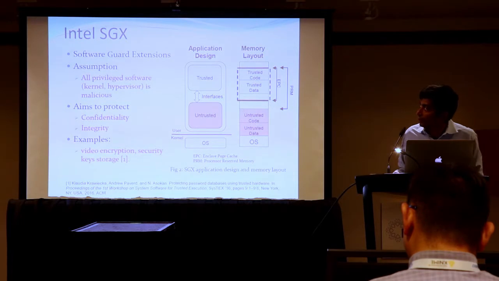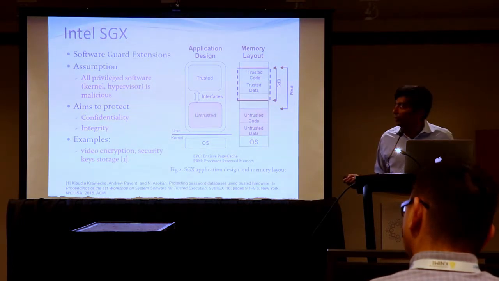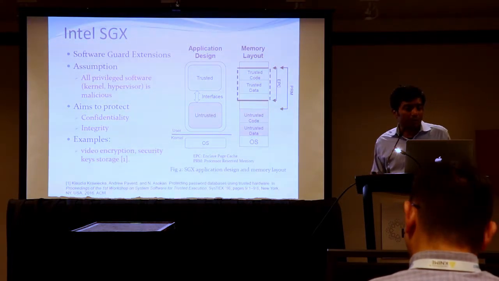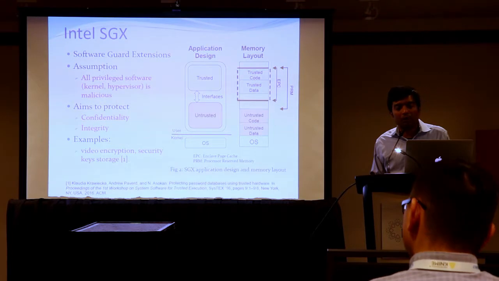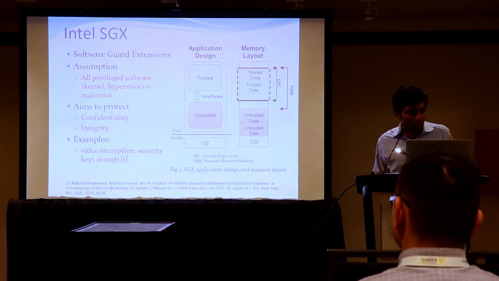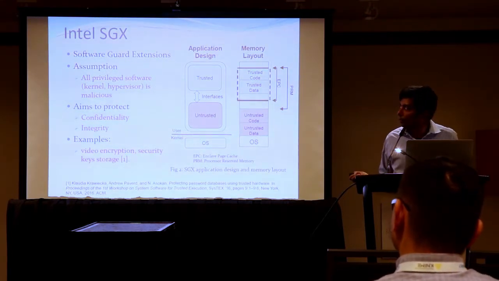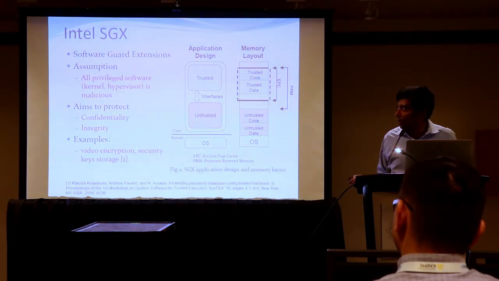In the case of Intel SGX, the assumption is that all privileged software may be malicious. That means your kernel, OS, or hypervisor may be compromised, and our goal is to protect the applications by providing confidentiality and integrity.